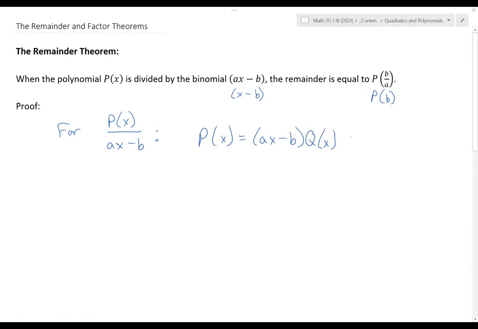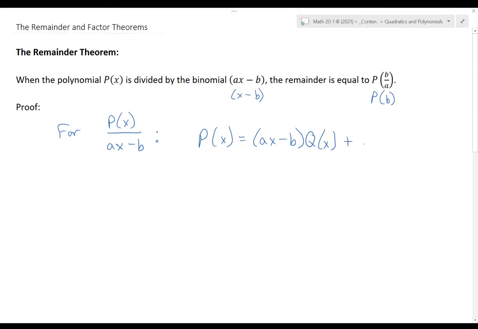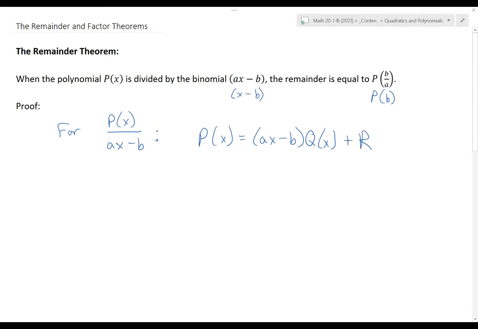Doesn't really matter for our purposes what the quotient is, plus the remainder. And because we're dividing by a linear binomial, a linear divisor, the remainder is going to be a constant, so just a number. If I'm dividing by something quadratic or degree 3, then my remainder might end up being an expression of x as well, but here it's just going to be a constant.